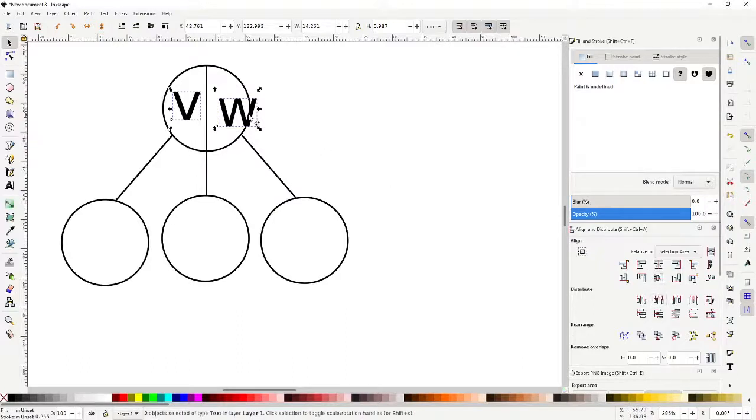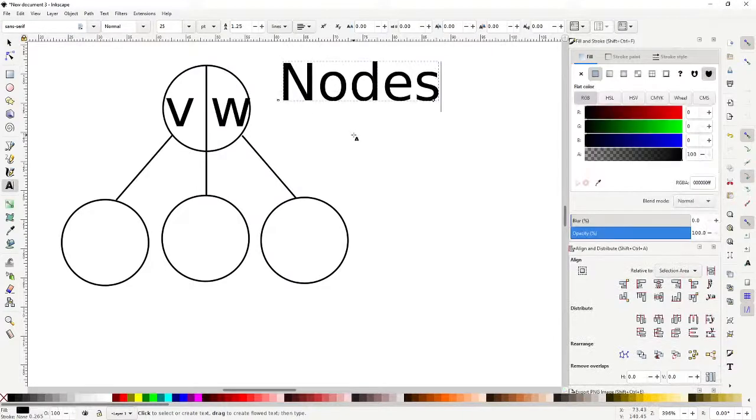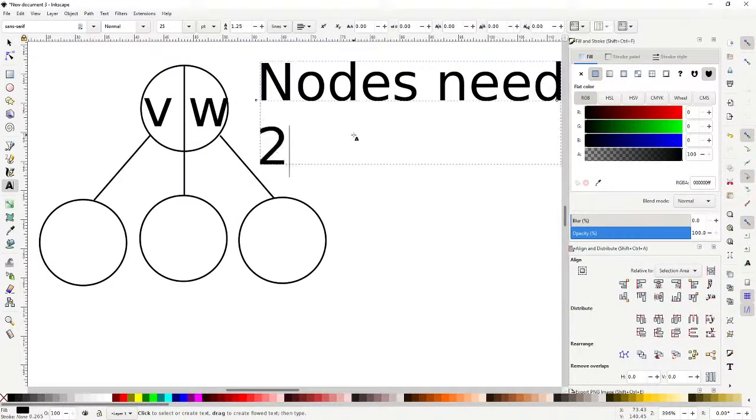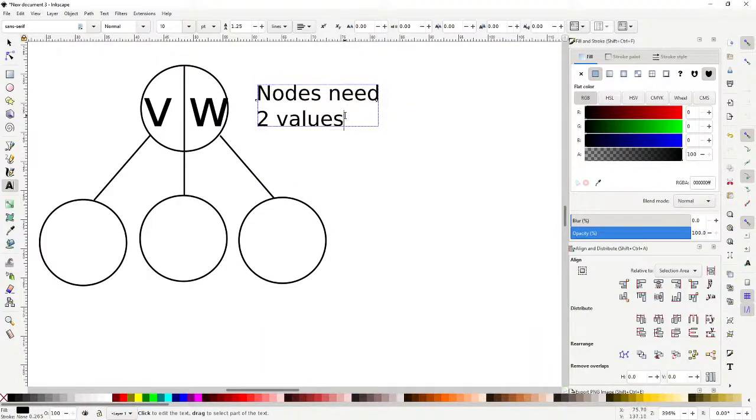As you notice, every node needs two values now. Let's shrink the font size, say, to 10. So nodes need two values.